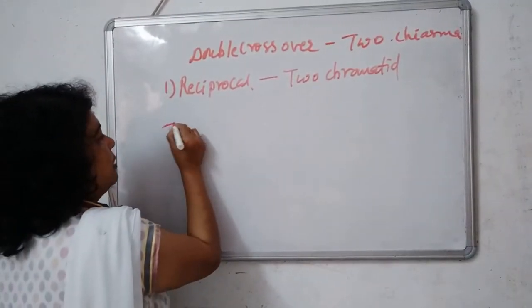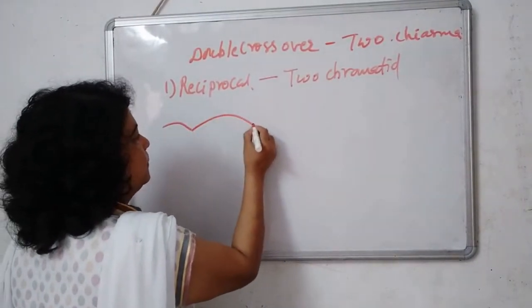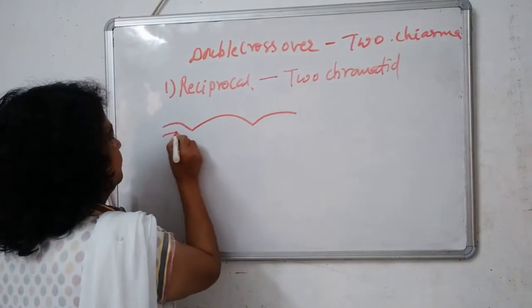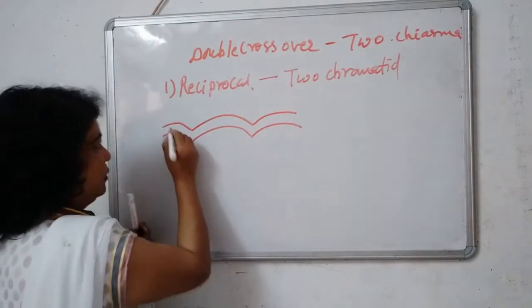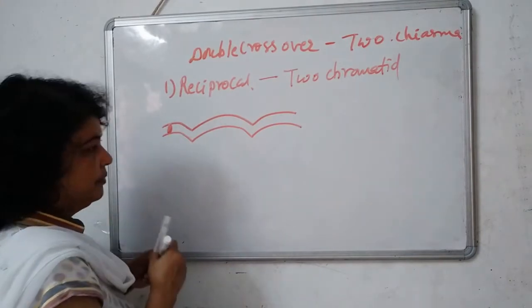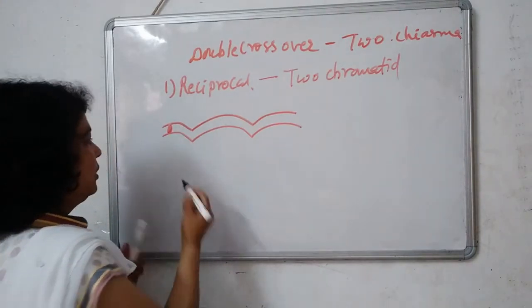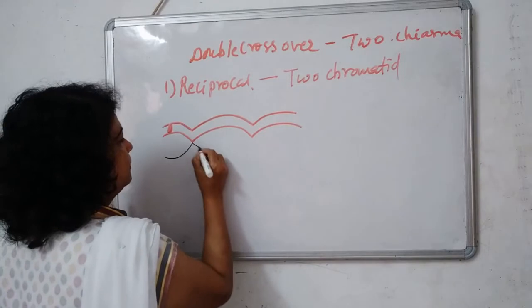So in the reciprocal double crossover, these are the two threads of one chromosome.